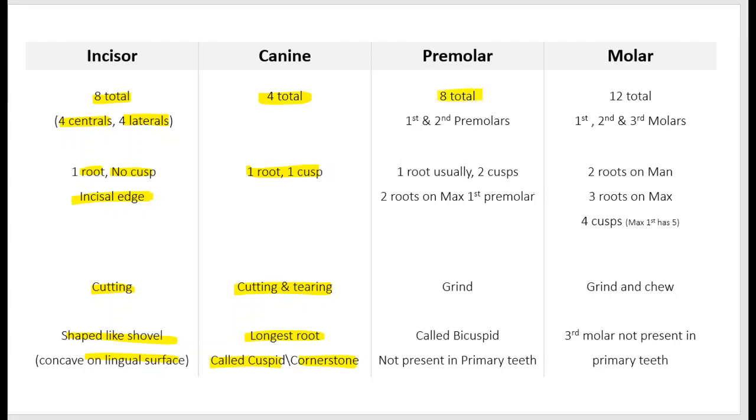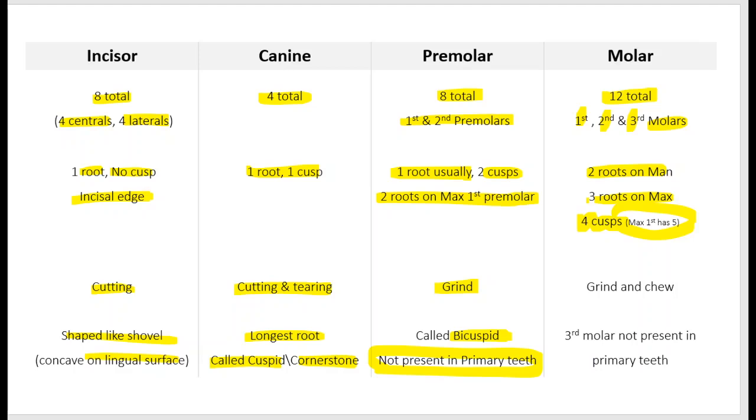Premolars are 8, the first and the second premolars, right? They usually have 1 root, 2 cusps. Only the maxillary first premolar most of the time would have 2 roots. They're used for grinding, also called bicuspid, and they're not found on the primary teeth. Molars, they have 12 because we have the first, the second, and the third molars. They have 2 roots on the mandible, 3 roots on the maxillary arch, 4 cusps, and the maxillary first molar would have 5 cusps.